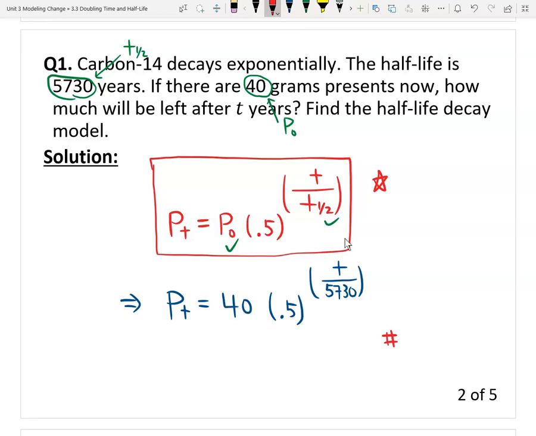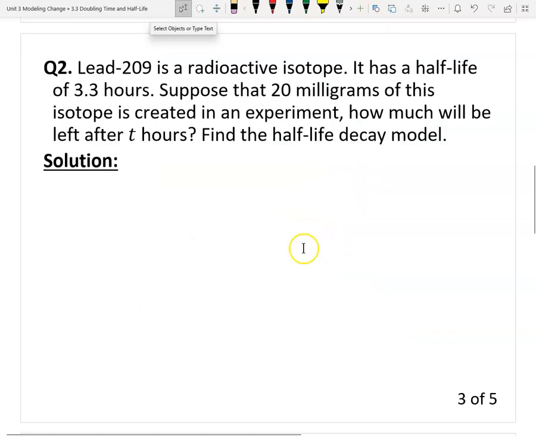Let's practice another question. Here is the second question. Lead-209 is a radioactive isotope. It has a half-life of 3.3 hours. We know it decays very fast, right? Suppose that 20 milligrams of this isotope is created in an experiment.